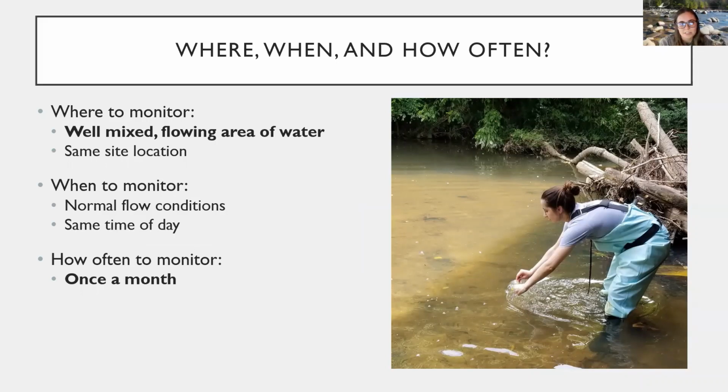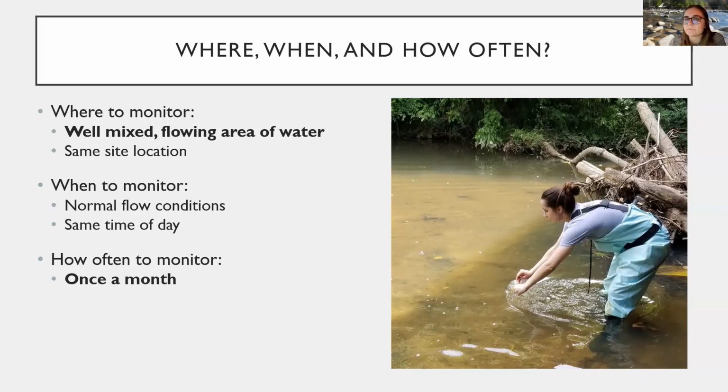So when to monitor is a big one that we talk about, in the same time of day, because of the thing we just talked about, right? That temperature can definitely impact the replication rates, which will then in turn impact the counts that you're going to end up finding. So also normal flow conditions, which we just talked about, but those are good things to keep in mind. But then where to actually monitor.